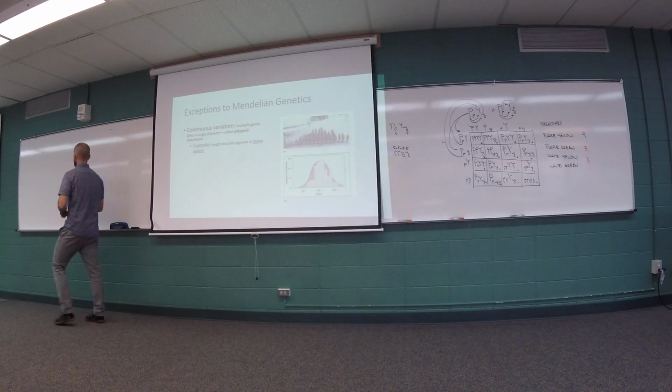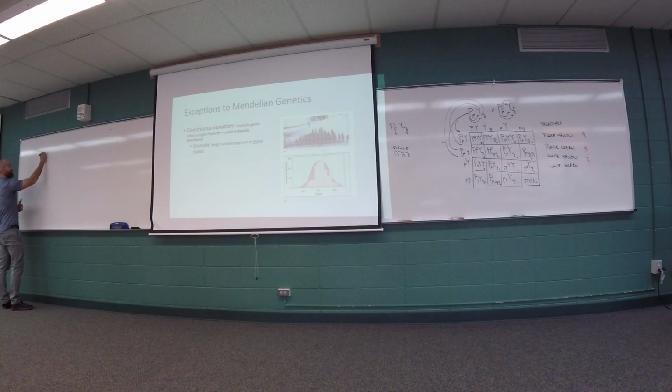So the first hypothesis, or the first assumption, is complete dominance, right? Something is either completely dominant or completely recessive. Second is that there are only 2 alleles for every gene.